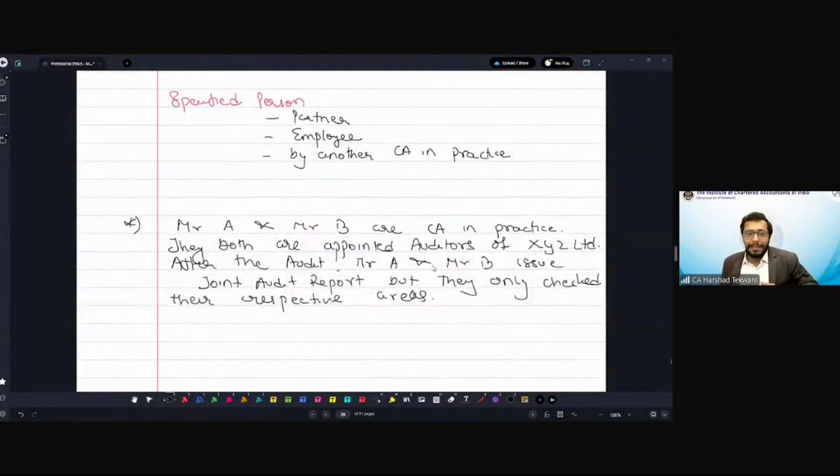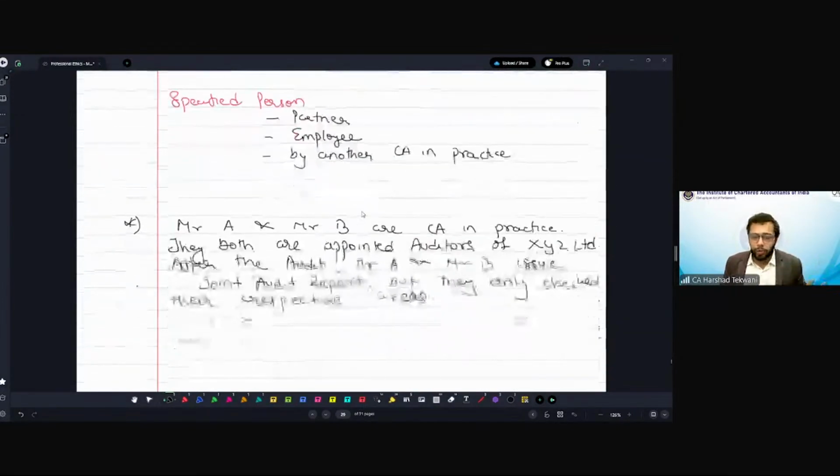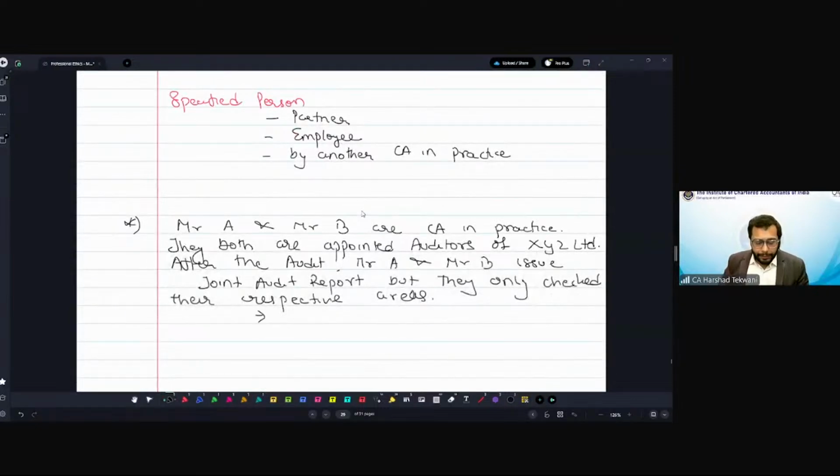So Mr. A or Mr. B will not be liable for professional misconduct under clause 2. So they are not liable here. Not guilty of professional misconduct, because of SA 299.